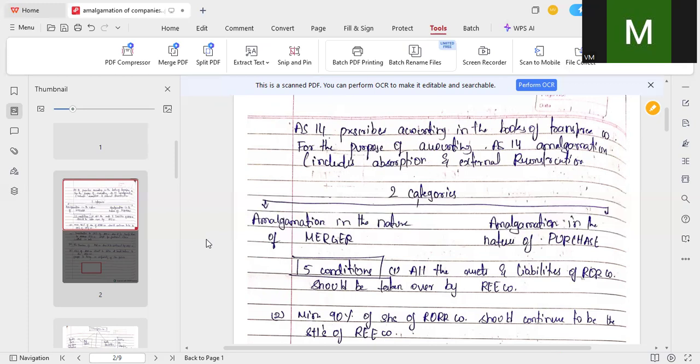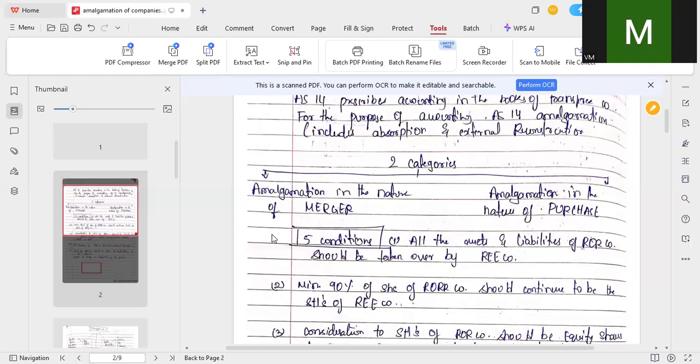It's transferring the whole of its assets and liabilities to Facebook, so Instagram is called the transferor. The company which is taking the assets and liabilities is called the transferee. That is the simple example of transferor and transferee. Just make a note of it.